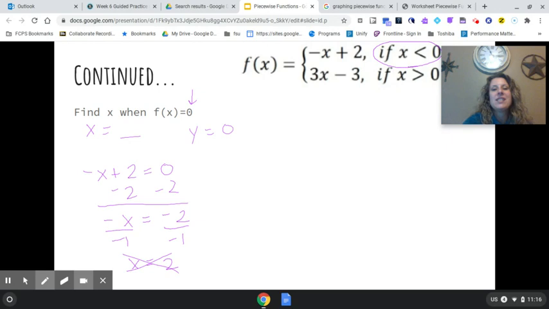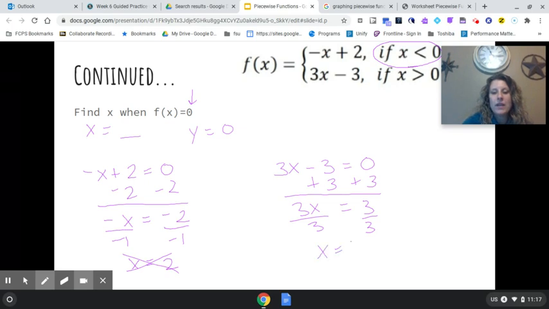Okay, so let's take a look at the second function. It says 3x minus 3, and again, we want the output to be 0. So if we add 3 to both sides, we get 3x is equal to 3, and dividing both sides by 3, we get x equals 1.